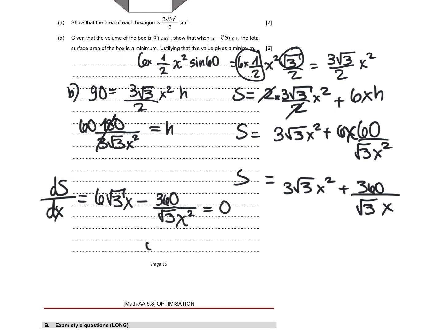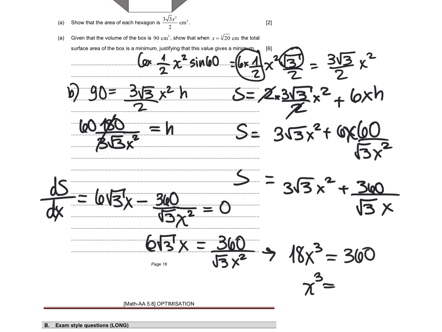So we're going to have 6√3 x equals 360 over √3 x squared. Cross multiply by the √3 x squared. So we're going to have 6√3 times √3 is 18, so 18x cubed is 360. Divide by 18.